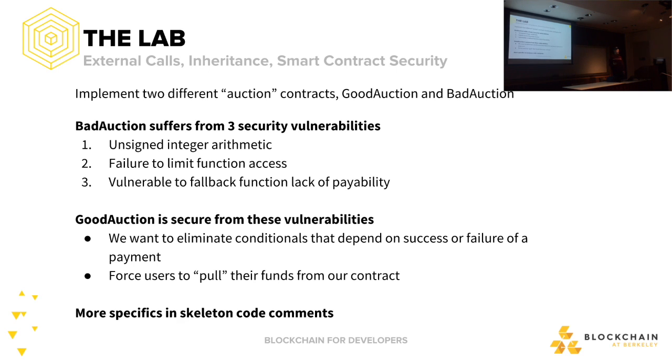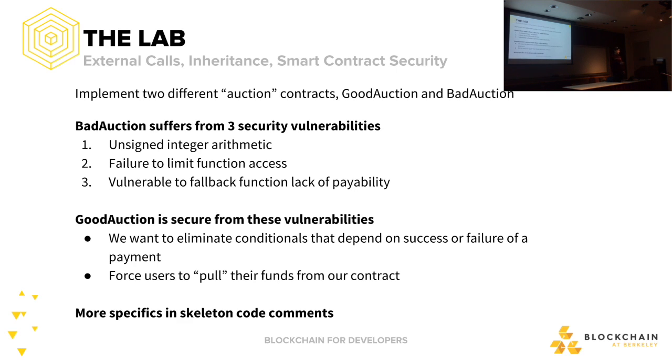For example, there might be some state change that follows a reimbursement payment or something along those lines. But if that reimbursement payment is never executable because a contract's fallback function is not payable, then the corresponding state changes are never going to occur.